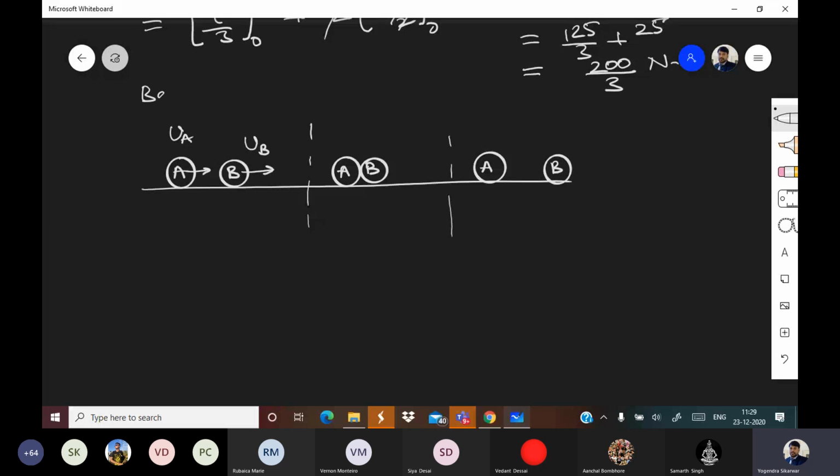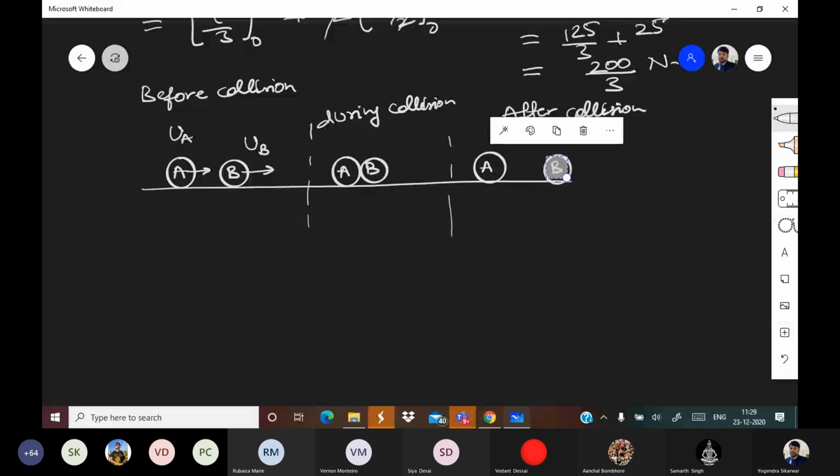This is before collision. This is during collision. And this is after collision, where the velocities will be VA and VB.